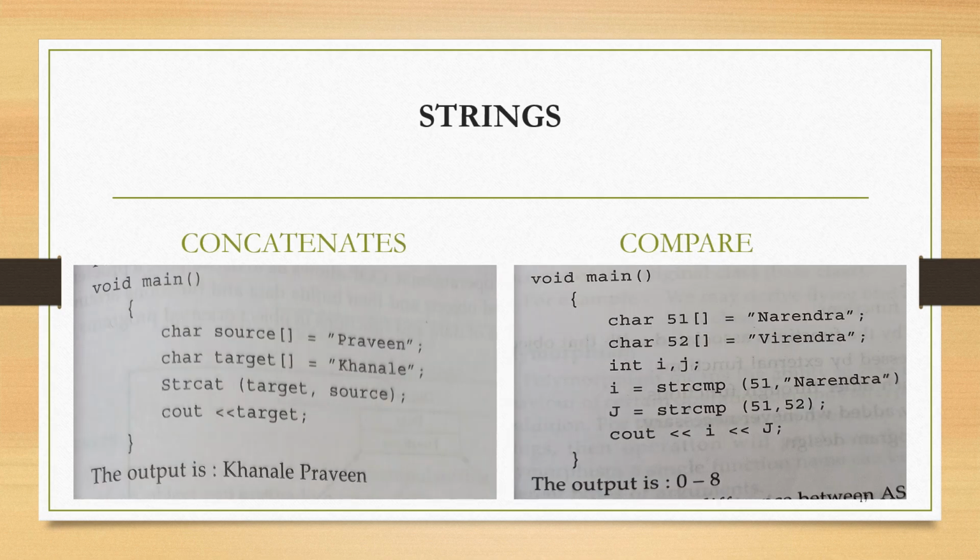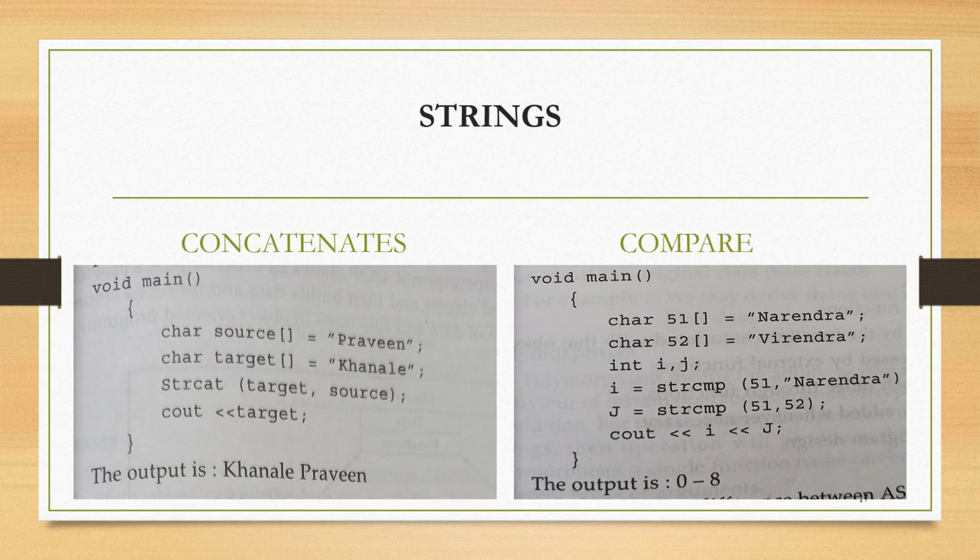Then concatenation. What is concatenation? Let's see what it does. This is one string, Praveen, and the other string is Khanale. So strcat is the function we are using. First is your target, then the source. Then we display.